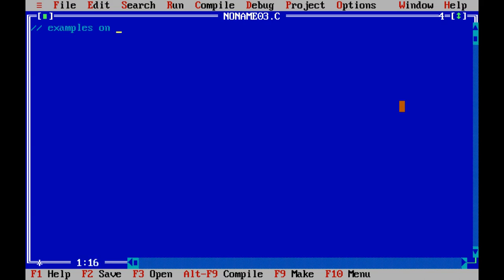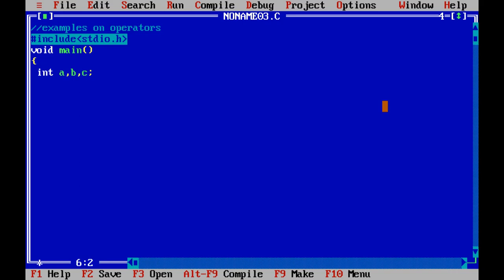Examples on operators. Here I am declaring variables, three variables: int a, b, c.